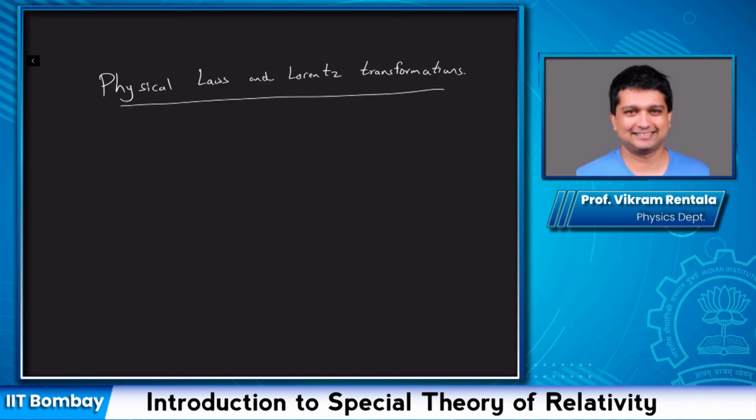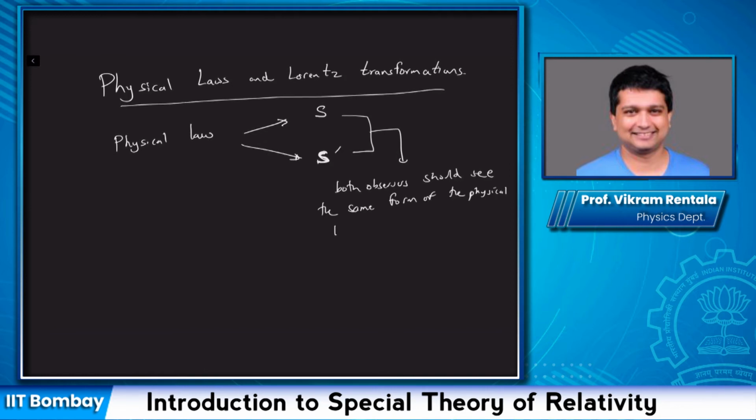What we mean by that is, if you take any physical law and ask what this looks like as seen by a particular observer in a particular reference frame S, and ask what this looks like in a different reference frame S prime, the form of the physical law to both these observers should appear to be the same. So both observers should see the same form of the physical law, where S and S prime are 2 inertial observers.